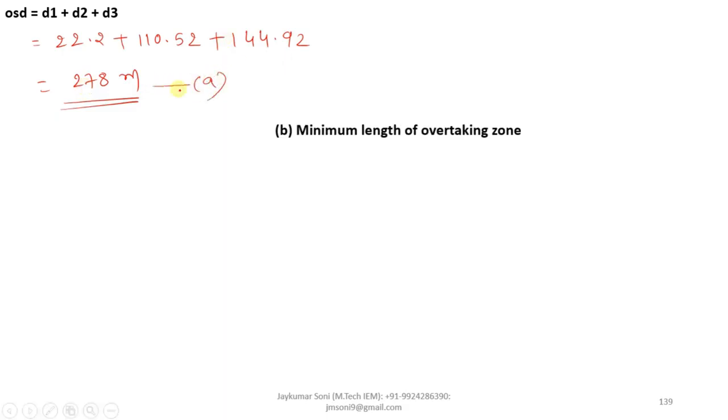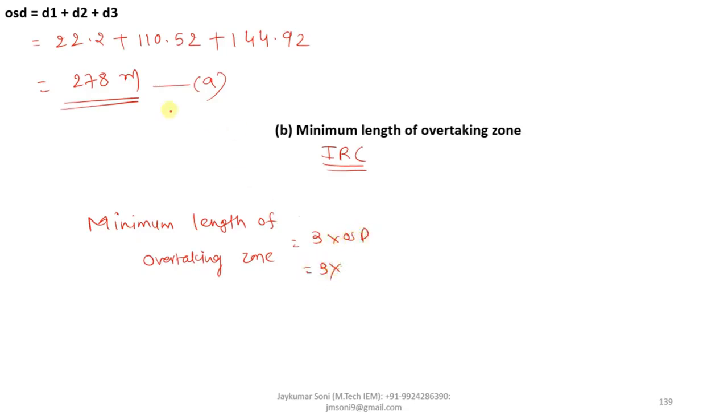Now we need to calculate B, which is the minimum length of overtaking zone. We know that as per IRC, there are two criteria. The minimum length of overtaking zone is 3 into OSD, so it will be 3 into 278, which is 834 meter.